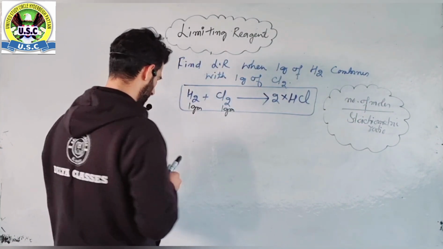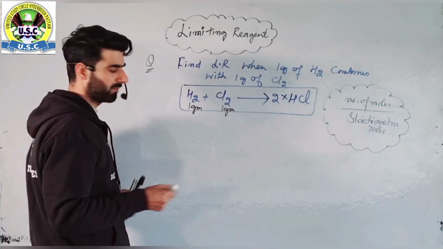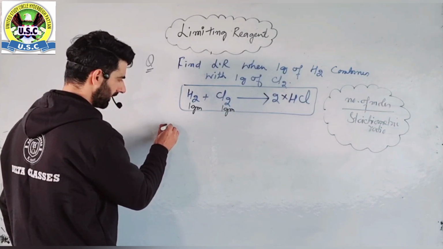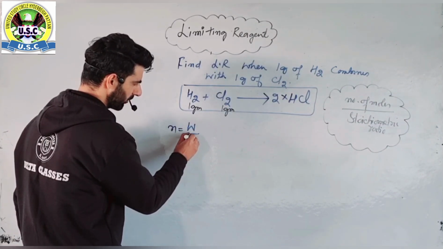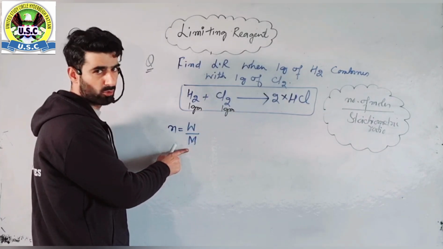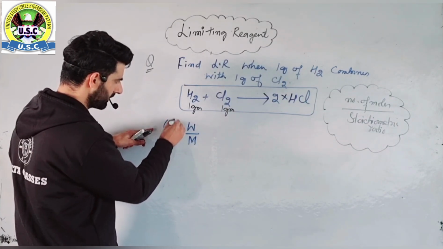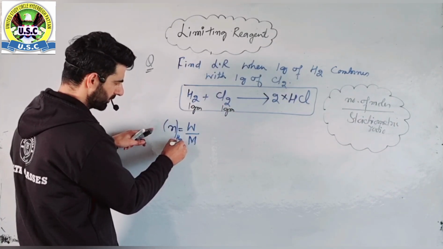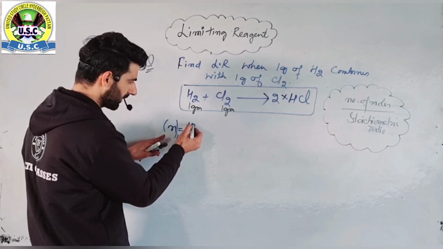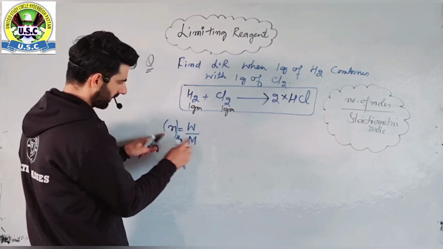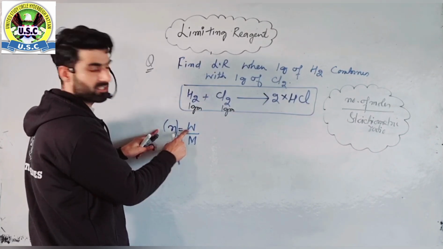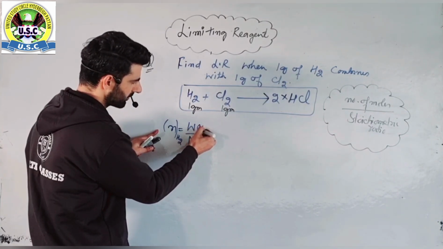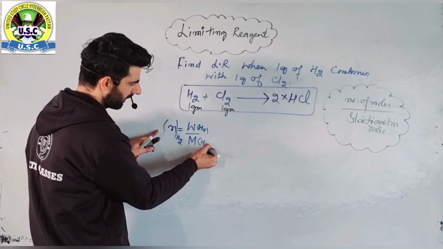For the H2 molecule, how to calculate the number of moles? We have a formula: number of moles, n, is equal to given mass divided by molar mass. So the number of moles of H2 is equal to the given mass of H2 divided by the molar mass of H2.